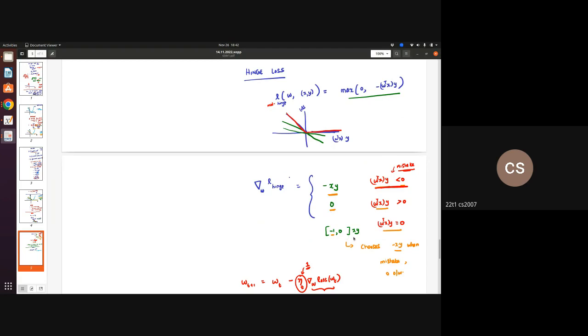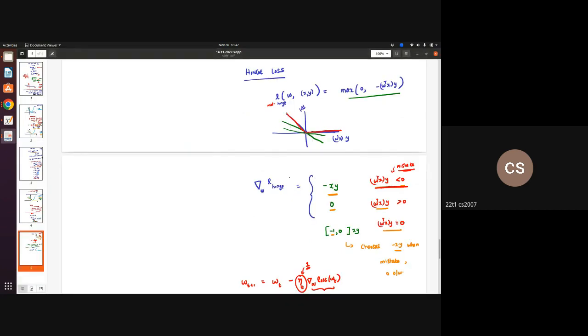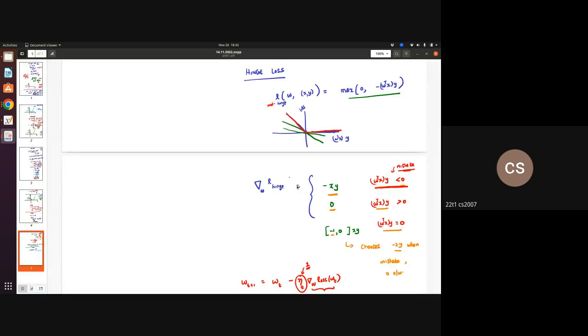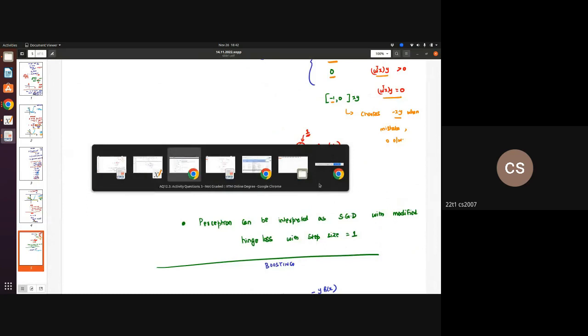So you can see that perceptron is actually a special case of hinge loss, where perceptron chooses the subgradient at this point which has a slope minus 1 into xy. So perceptron is equivalent to a hinge loss as a special case.